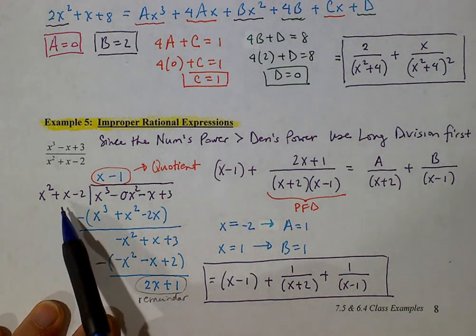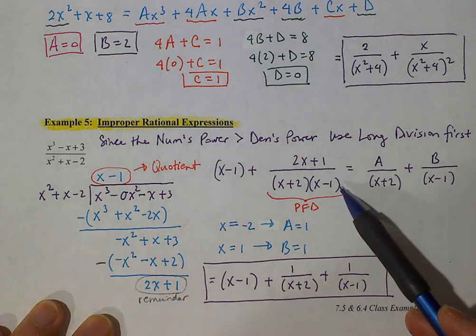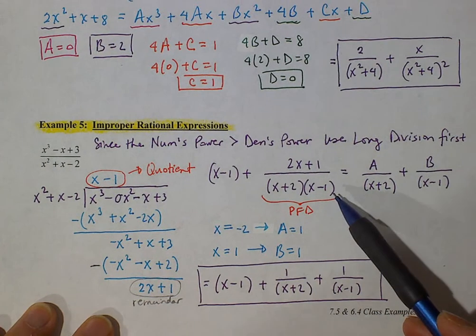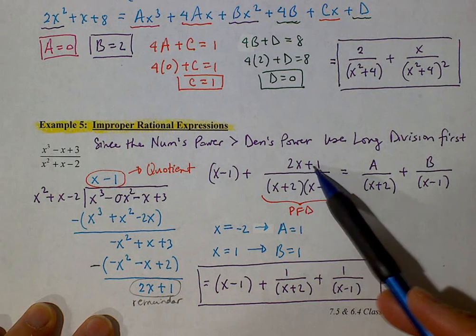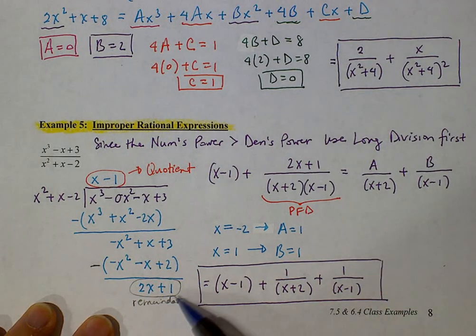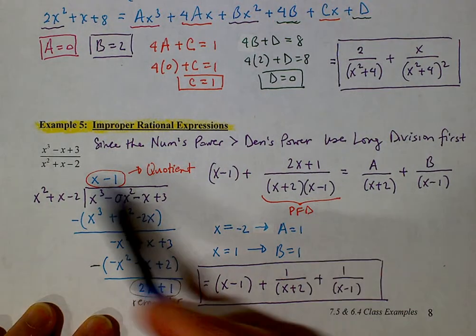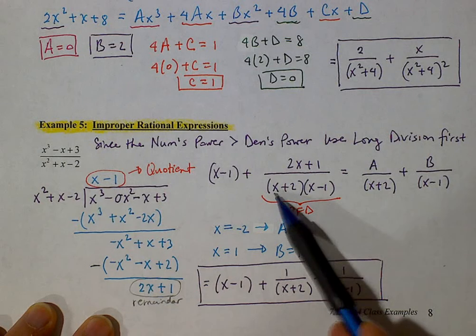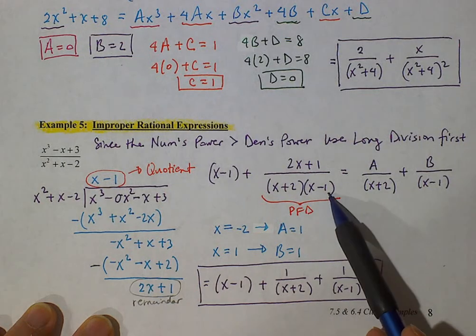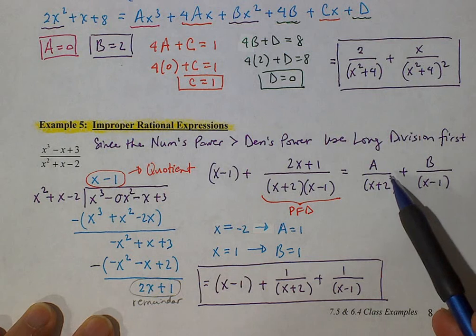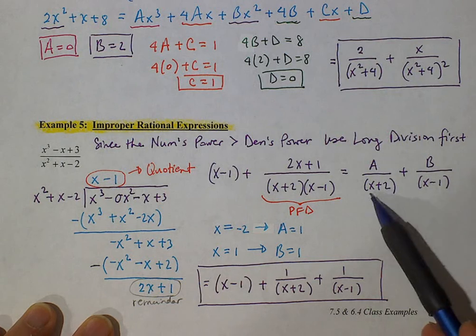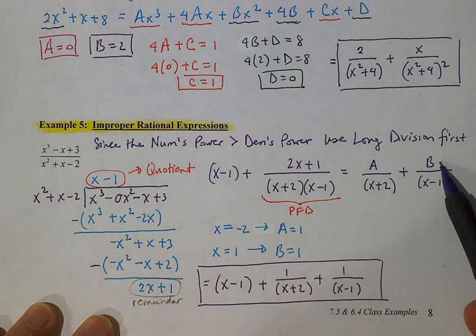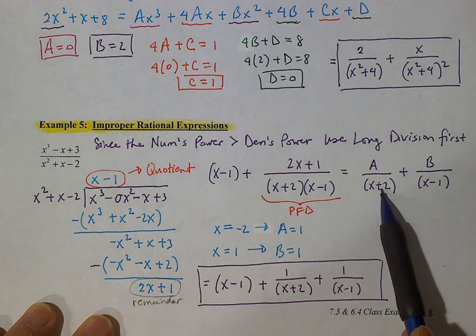And then I'm going to put the remainder over the divisor, and that'll create my proper fraction. Okay, so I have a 2x plus 1 from the remainder here, and then in the denominator, I just factored this, right? So you get an x plus 2 and an x minus 1, and then I split it up, so I have a over x plus 2 plus b over x minus 1, and then I'm just going to use the Heaviside method.